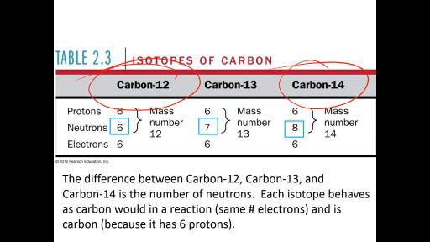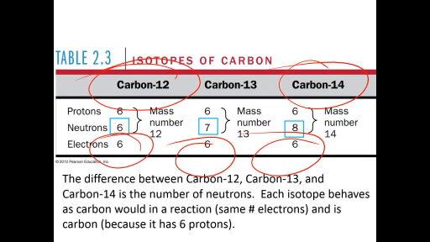Each of these versions, isotopes, behave like carbon because they all have the same number of electrons and they all have the same number of protons. The same number of protons means that it's the same element, so it's carbon. The same number of electrons means that it behaves the same way.